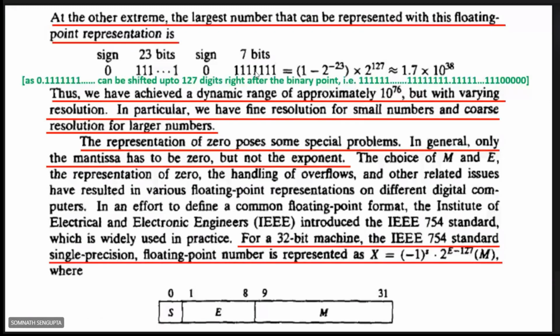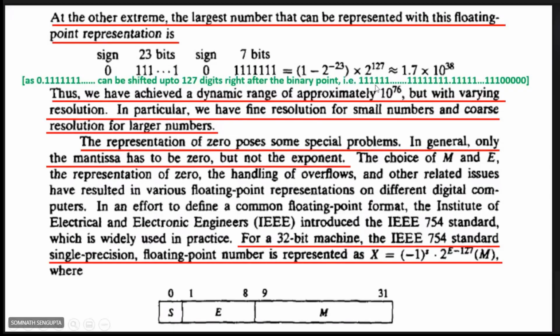Then again the sign bit of the exponent is 0, because we want to shift the binary point right. So how many shifts will there be? Again 7 bits, and in decimal they represent 127. So your initial number is 0.111, all 23 bits, and the binary point would be shifted by 127 digits.